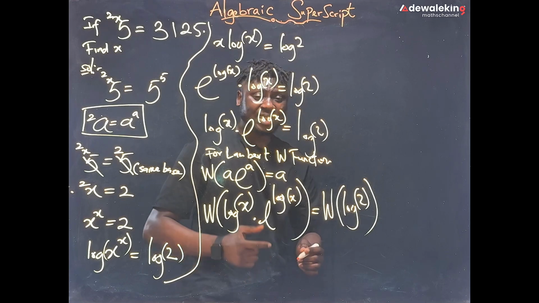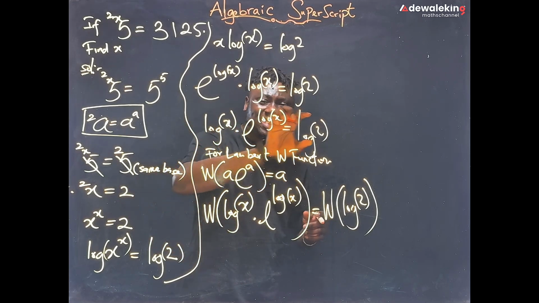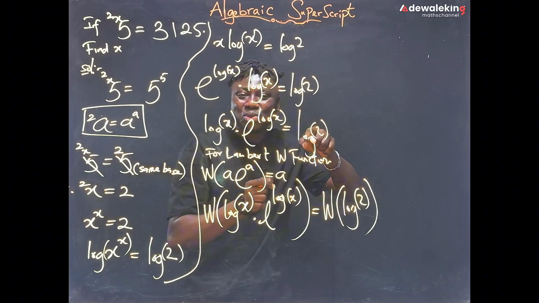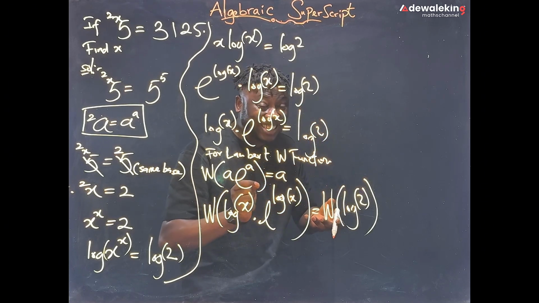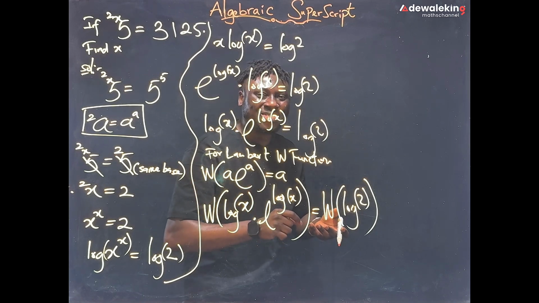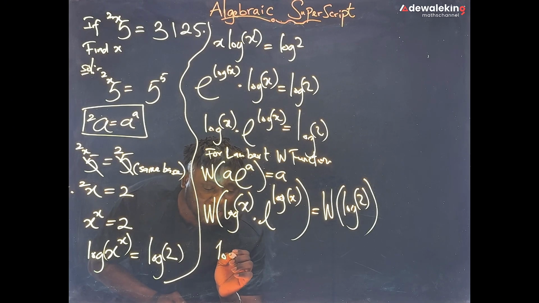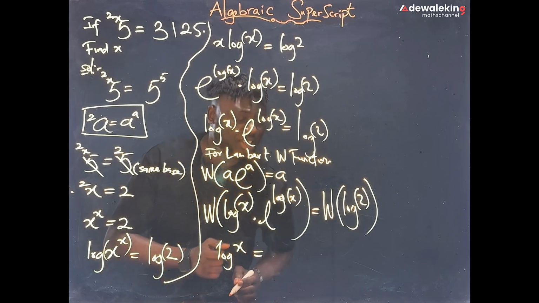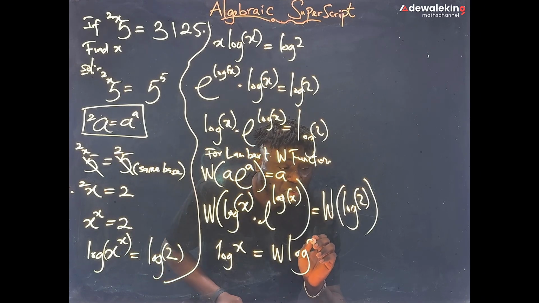So this is a way of putting this expression into the function of Lambert, which is the W function. So this will now be expressed as log x, which is equal to W of log 2.